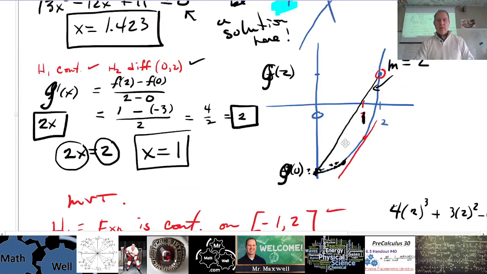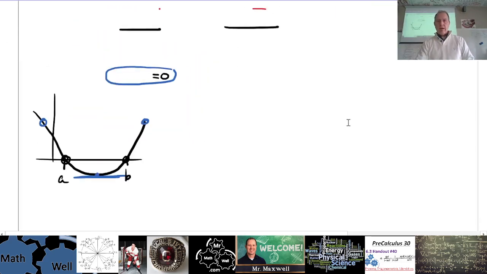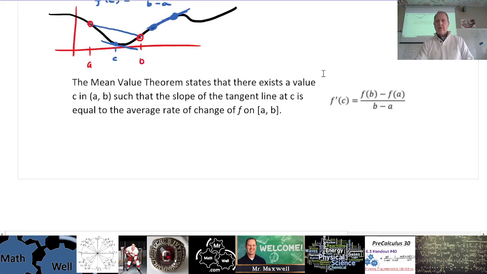We calculated that side as being 0, right? So I just need to find the derivative of the function, let that equal 0, and then solve for the x value. That'll be the c we're looking for.